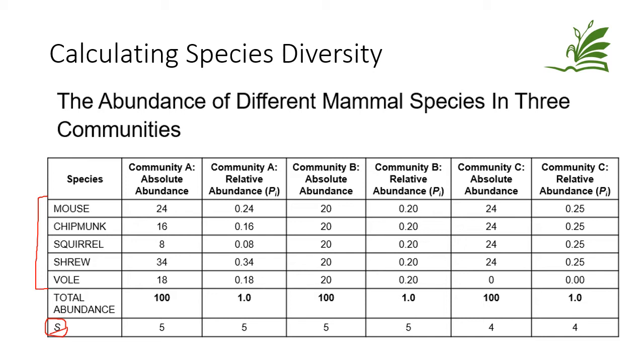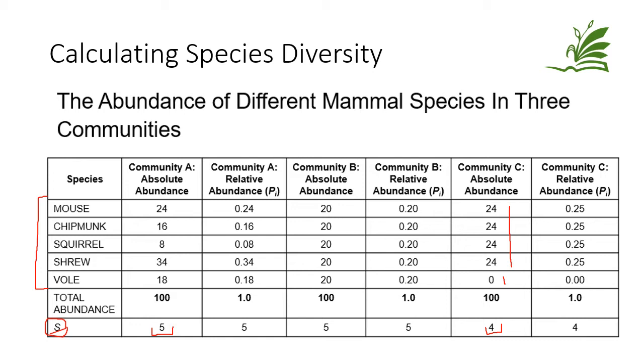So you can see here that there are 5 species, mouse, chipmunk, squirrel, shrew, and vole, that all have abundances above 0, and so the species richness is 5.